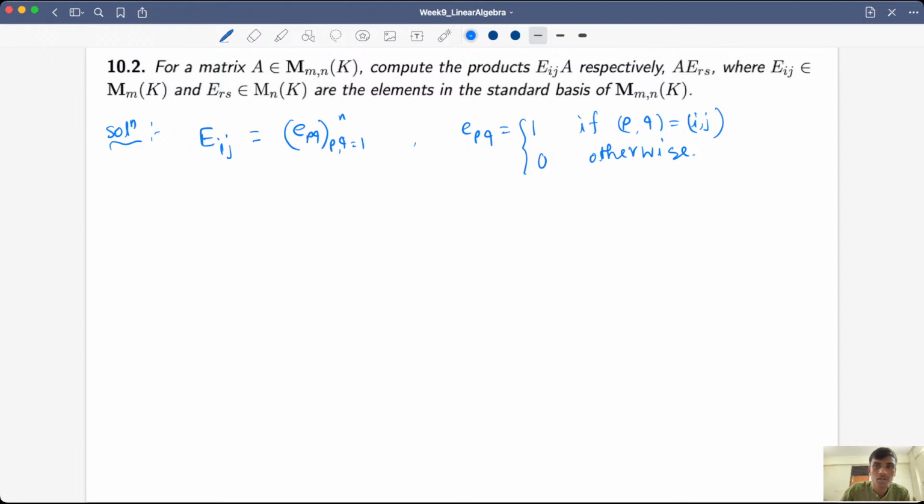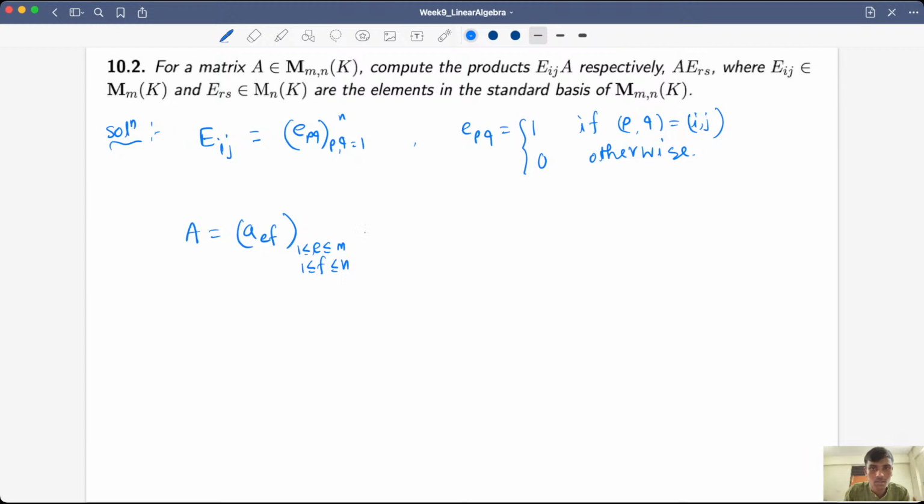Now I need to calculate this product. By the product rule, suppose A was some AEF, where E runs from 1 to m, since it is an m cross n matrix, and 1 less than or equal to F less than or equal to n.